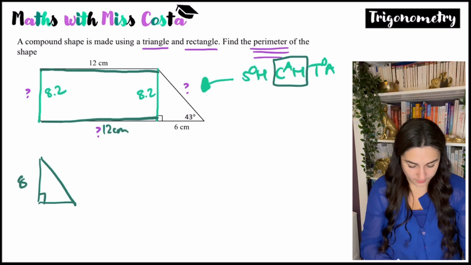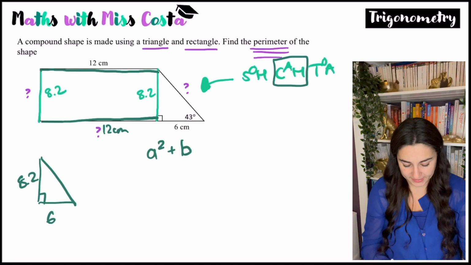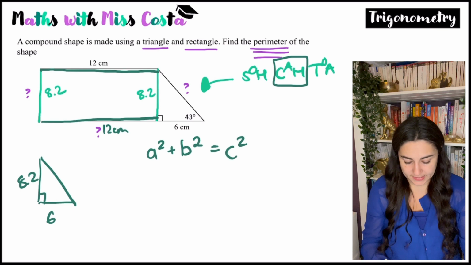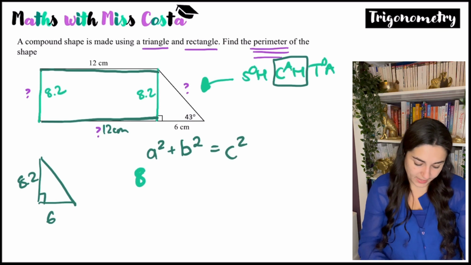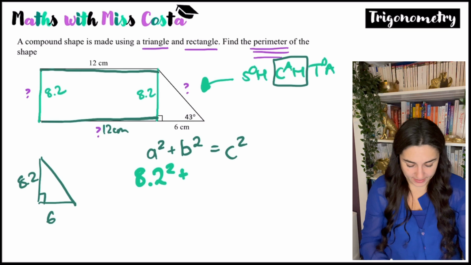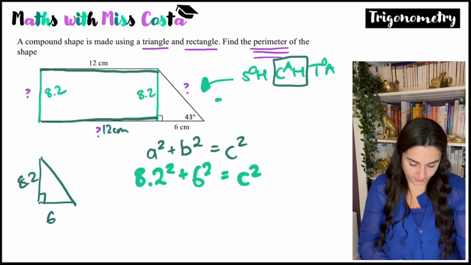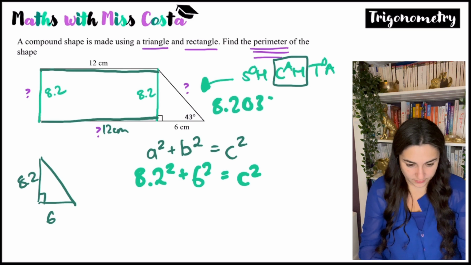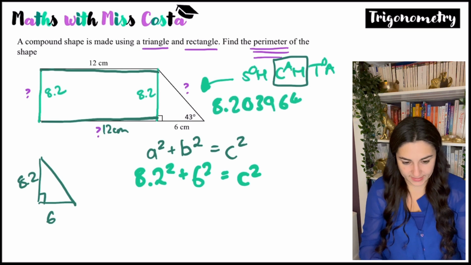I've got 8.2 and 6, and Pythagoras' theorem is a squared plus b squared equals c squared. A and b are the 2 shorter sides, so 8.2 squared plus 6 squared must equal c squared, and I'm going to use the full value of what I wrote. So that was 8.203964767, just for completeness.